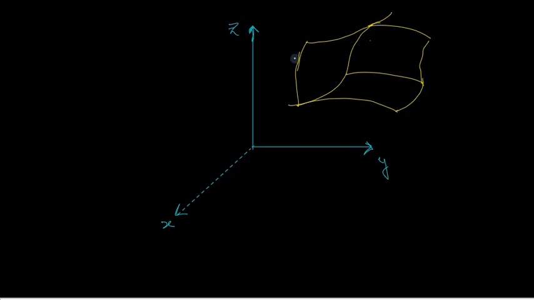Okay, so I have drawn some surfaces, and let me call this particular surface u2 equal to c2. So likewise x is equal to 0. So that is in general. So u2 is equal to c2 is a surface. Let's say this is u1 is equal to c1, and this is u3 is equal to c3. So these were the surfaces.